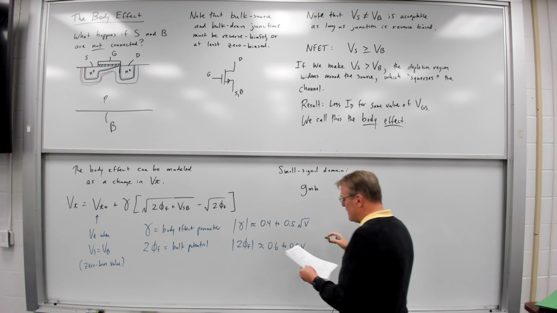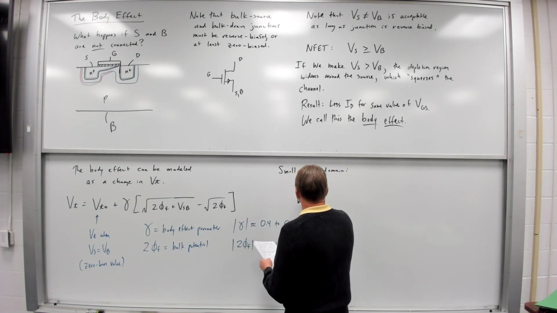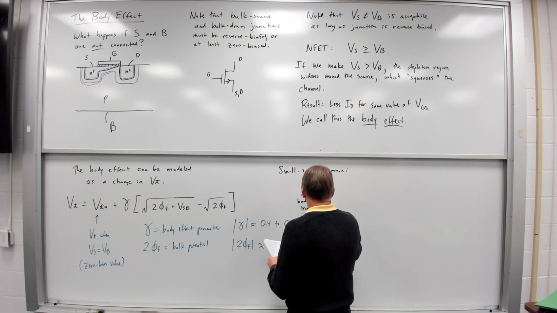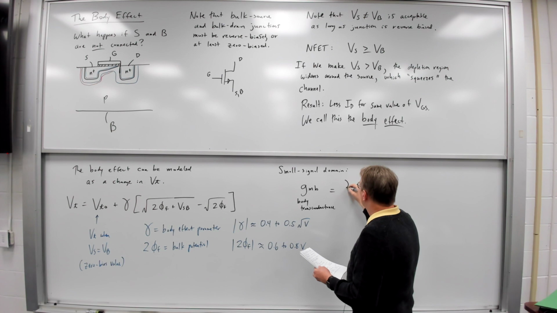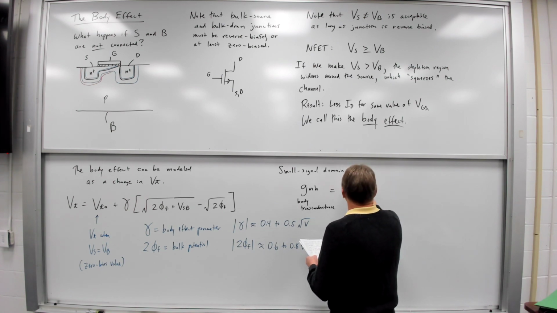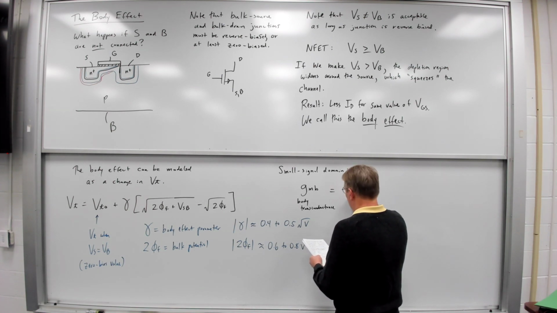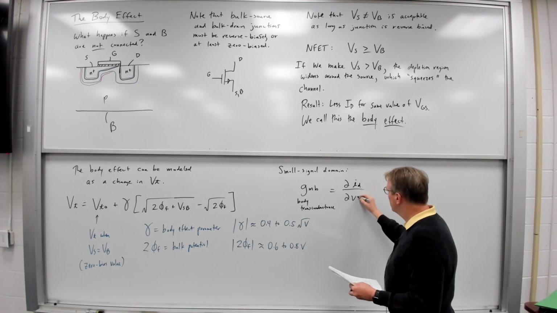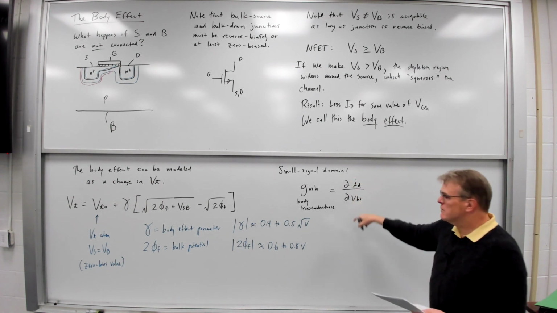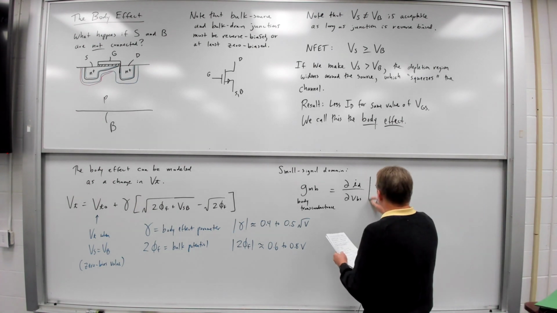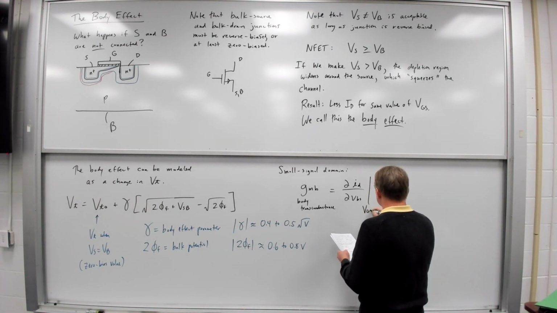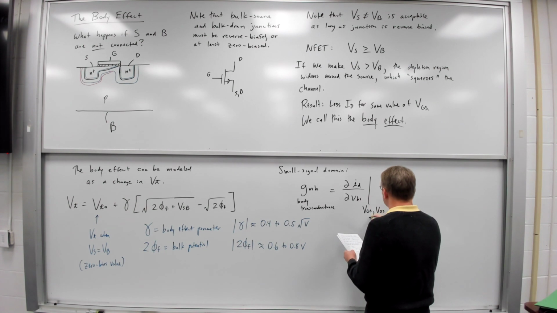G sub MB is body transconductance. And we can write this as the change in the drain current with respect to a change in the bulk source voltage, assuming that VGS and VDS remain constant.